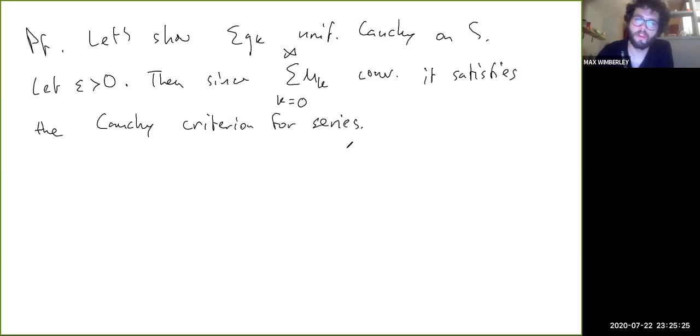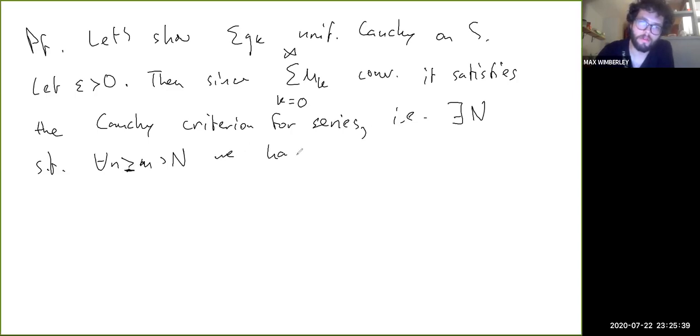That is, there exists a capital N such that for all n greater than or equal to m greater than or equal to capital N, we have that the absolute value of the series from k equals m to n of M_k is less than epsilon.